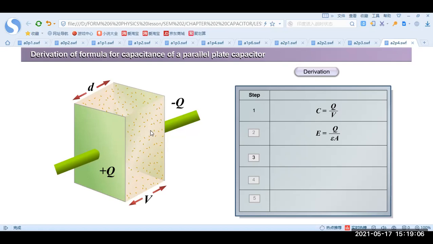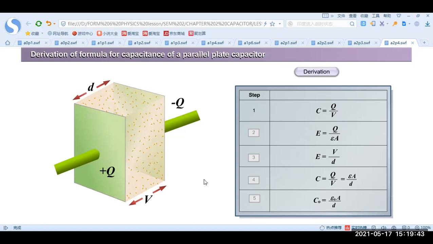Opposite charges with a separation distance produce a potential difference. At the end, E equals V over D. Next, using C equals Q over V, which equals epsilon A over D, where D is the separation of the plates. As a conclusion, C naught equals epsilon A over D, a constant.